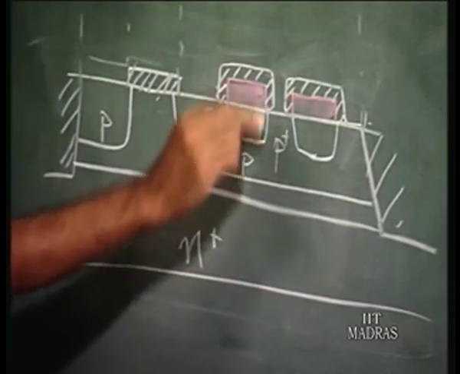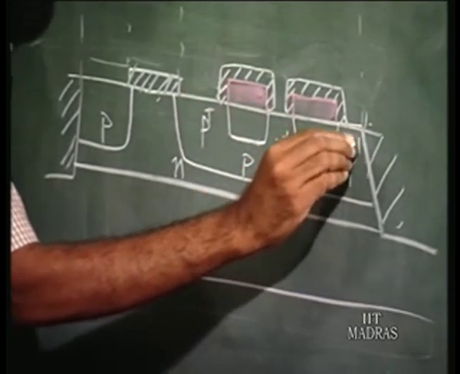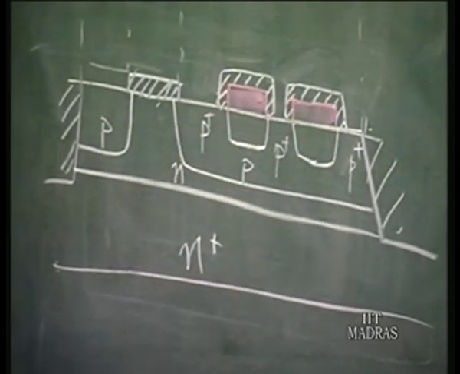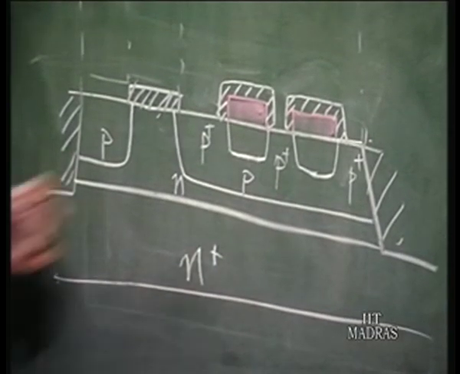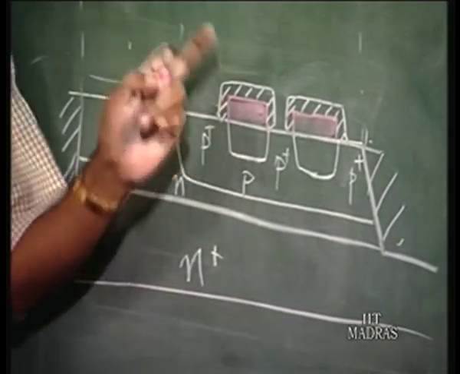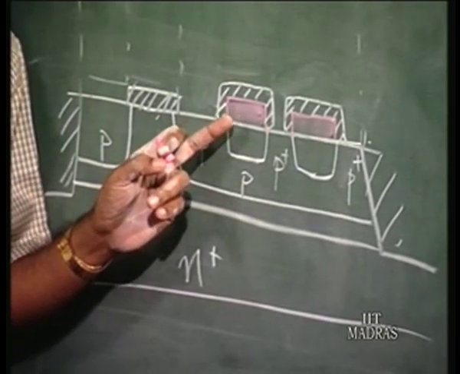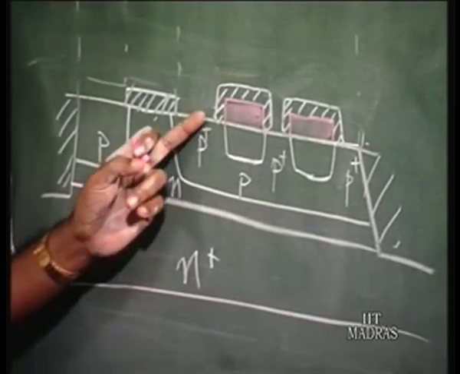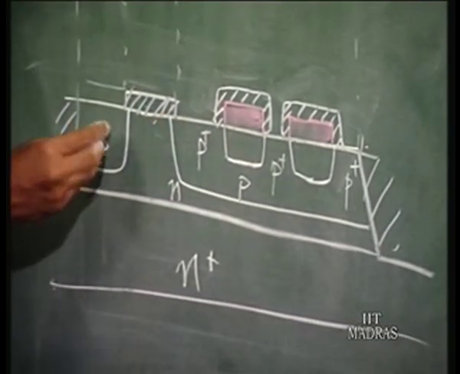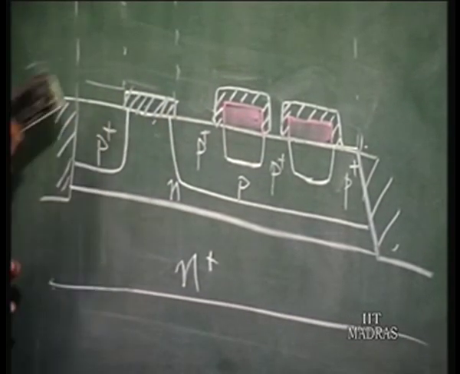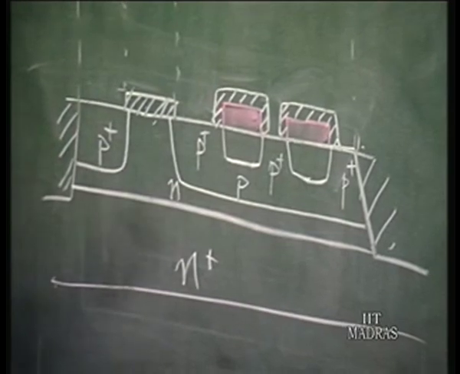The exposed regions are made p plus, heavily doped regions. The exposed regions which you have now are the extrinsic regions. You see here the exposed regions, they become p plus also, and again you do not require a mask.